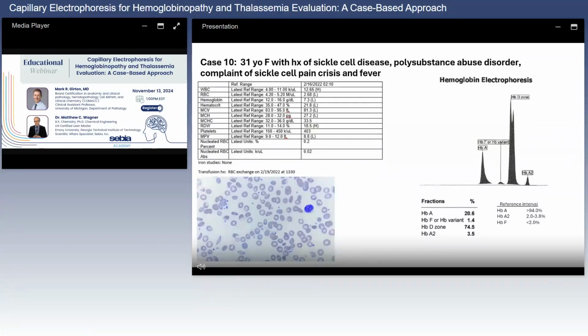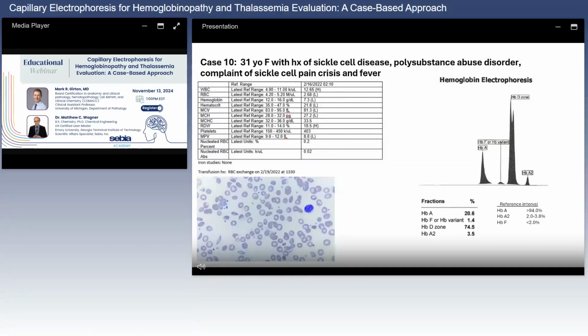Hemoglobin F or variant, 1.4%. Hemoglobin D zone, 74.5%. And I should note that the peak in the hemoglobin D zone is a split peak, which may represent two variants running close together, and hemoglobin A2 at 3.5%.